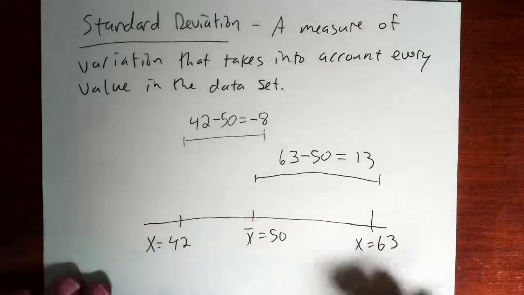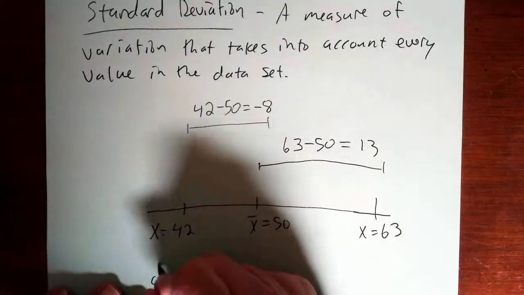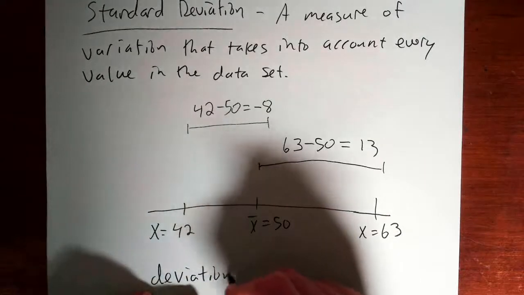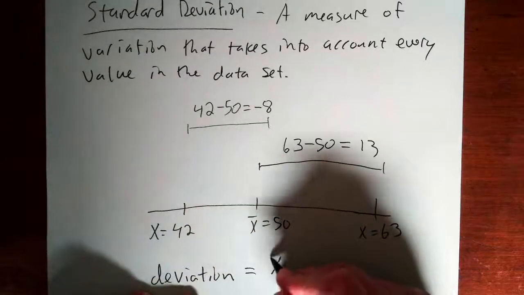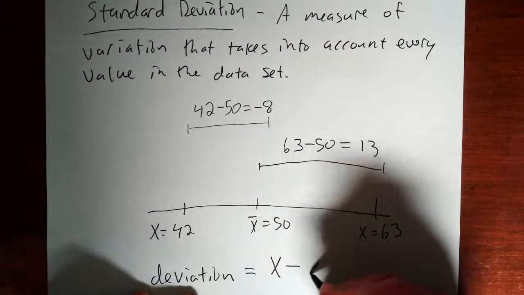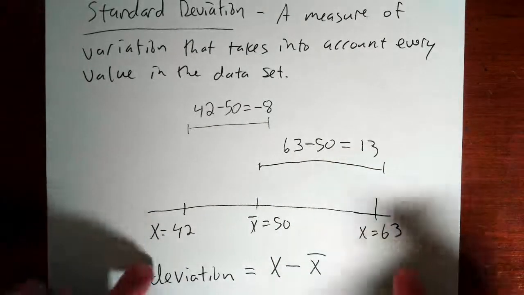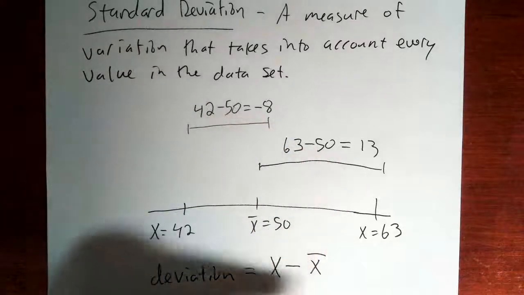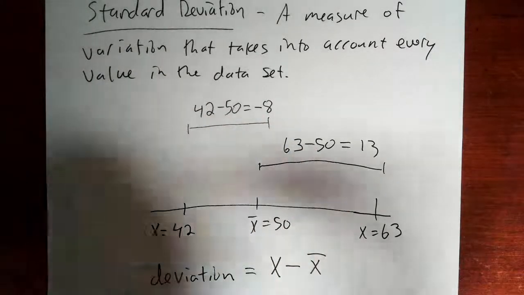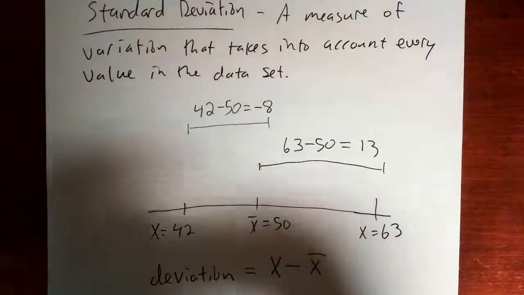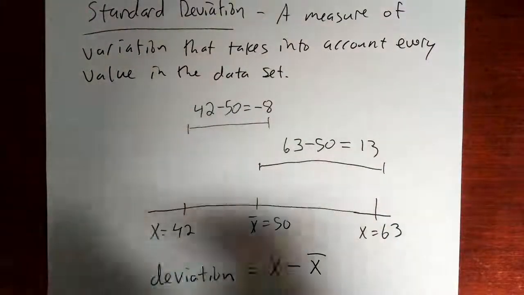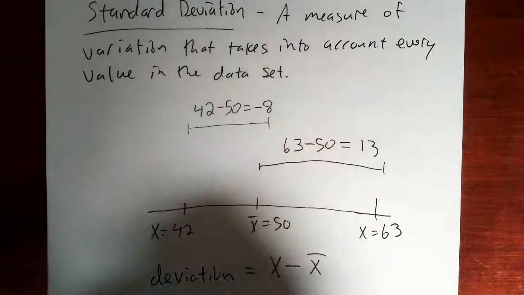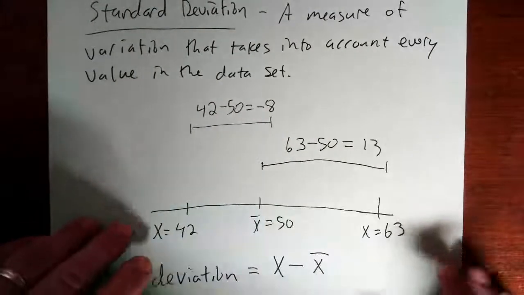And so a deviation here, if I were to come up with a formula for a single deviation, a deviation is just going to be the x value minus the mean. And for every value in the data set, I could get a deviation, right? And then I'd have all these deviations, and then in a sense, the standard deviation is like taking all those deviations and averaging them out. But it's not quite just an average, okay? It's a little different than that.